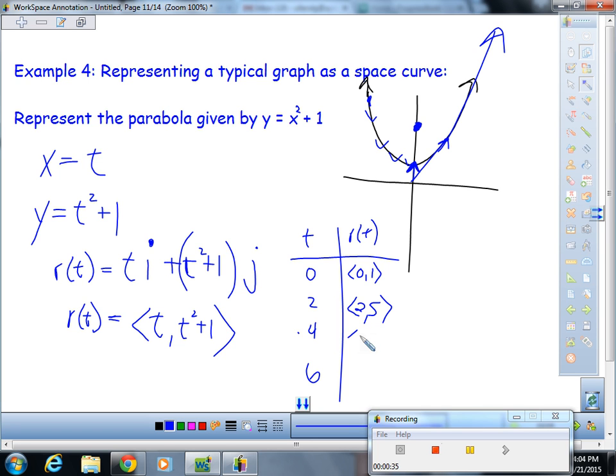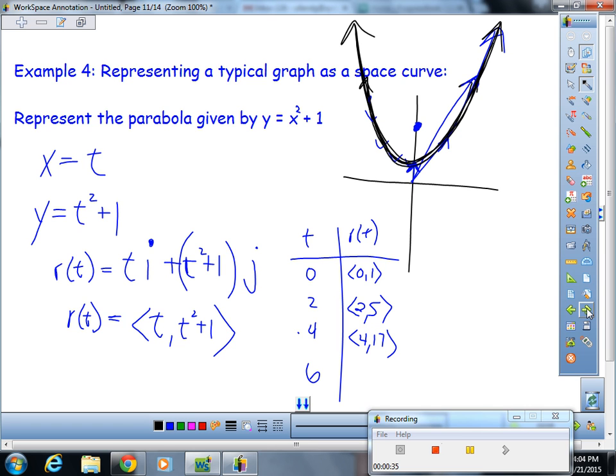At 4, you get the vector 4, comma 17. That's that one. Okay, and you can just imagine that's what it's giving you. So just remember, with this vector valued function, you're graphing the endpoints of a bunch of vectors. But you'll find as we move on in this chapter that it can be very helpful in how we understand the physics of these moving particles.